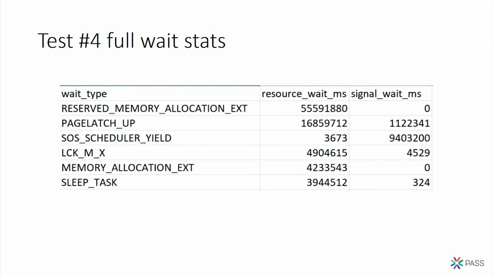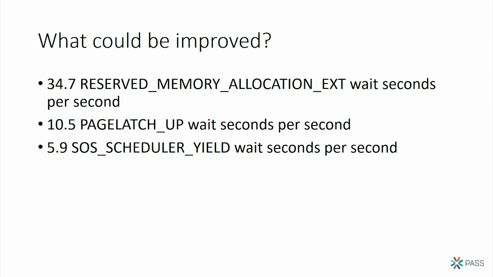There's less waiting, but I still have this reserved memory allocation ext wait. I also wish that Microsoft made the name shorter. Okay. Do the math. 34.7 seconds of this wait type per second. Got a few other waits, not quite as bad. Still have the same bottleneck as before.